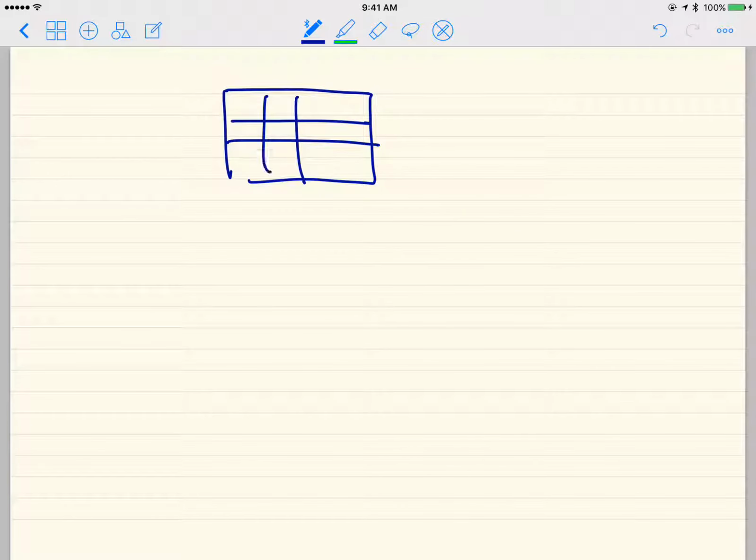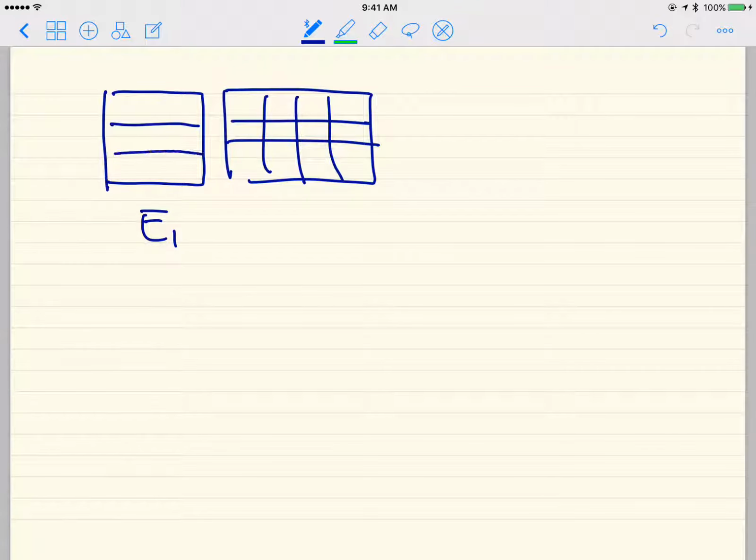So A is, for example, a 3 by 4 matrix. And then let's imagine the row reduction as a matrix multiplication. So the first matrix E1 will be, what is the size? The size is 3 by 3, right?